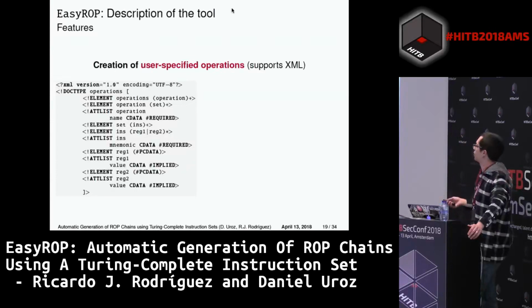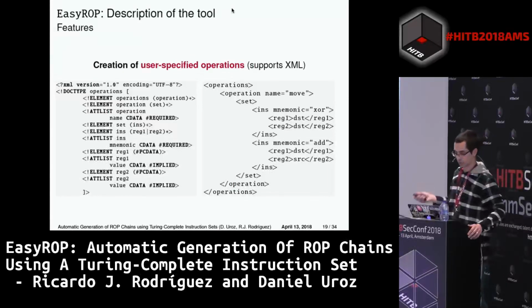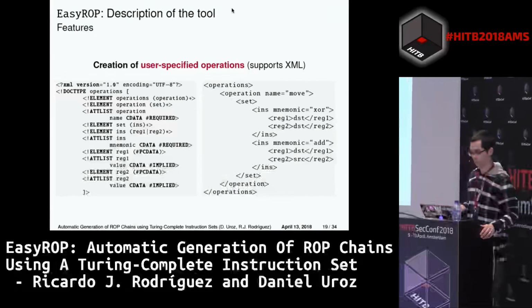Here, for instance, is the definition of how we can make a move operation. We can do a move operation by clearing a register, and once we have the register clear, we can add to that register another register. That means it's equivalent to a move operation.